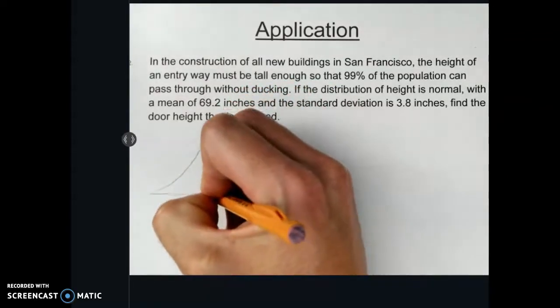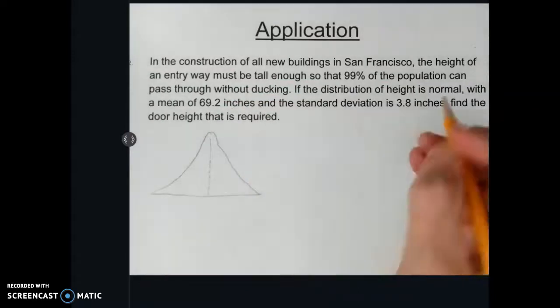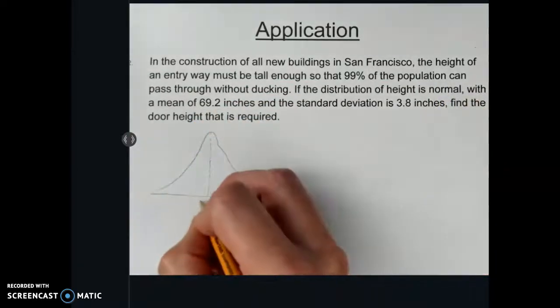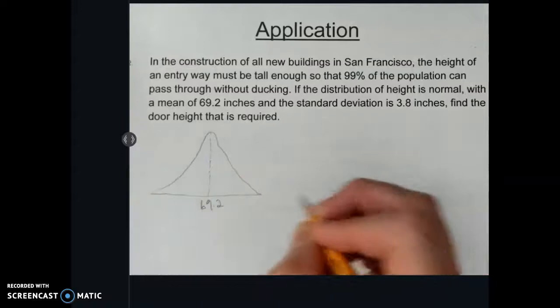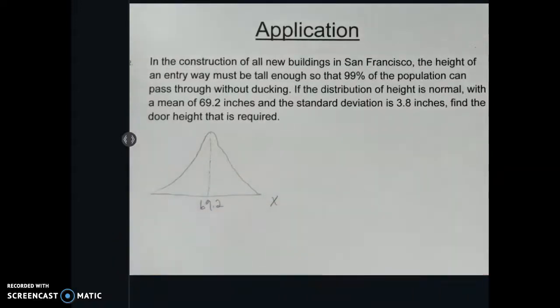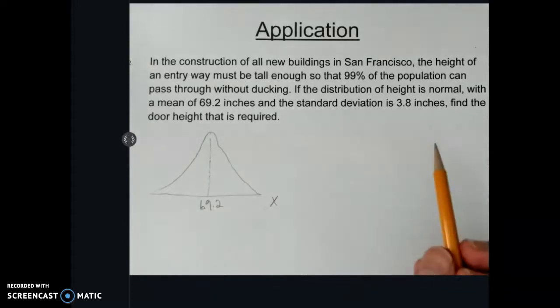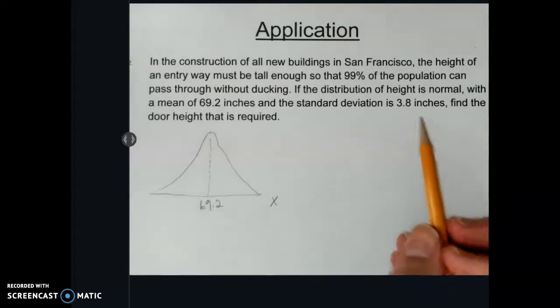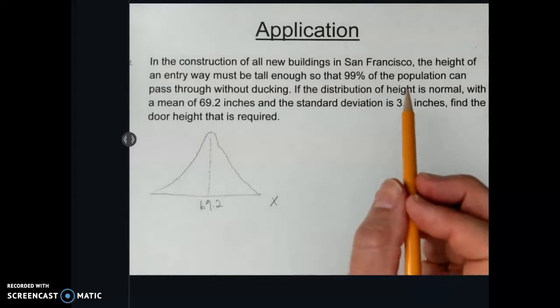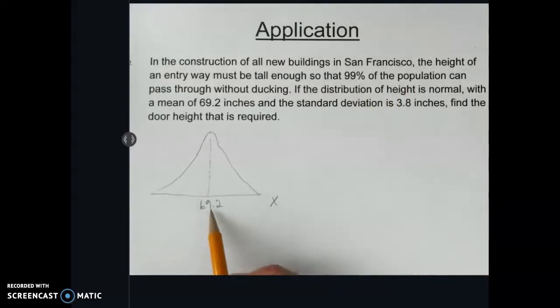Identify the mean, and we know that the mean is 69.2 inches. It's going to represent our x values here. And we want to find a value for x that corresponds to 99% of the population being able to pass through. Clearly, shorter heights for the door would be here.